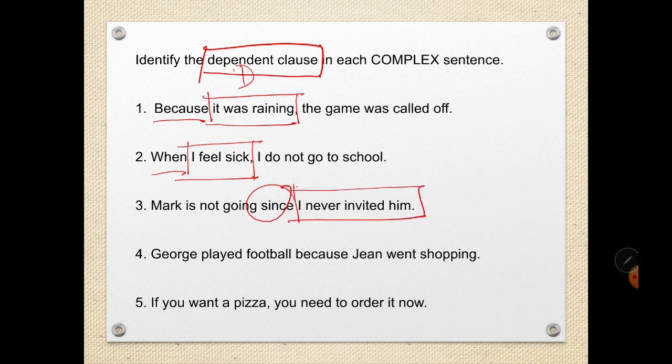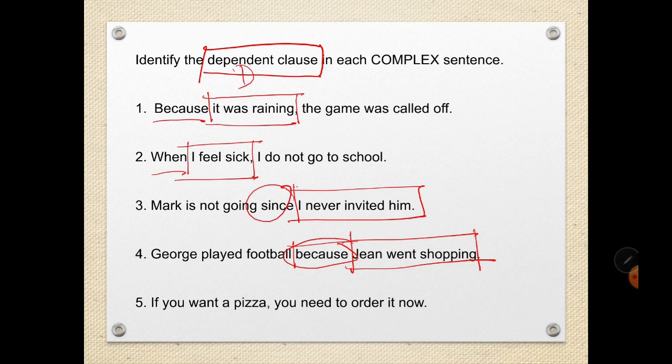Number 4, George played football because Jean went shopping. I think you know this one. We have because as the subordinating conjunction. Automatically, Jean went shopping is the dependent clause. And last but not least, number 5, if you want a pizza, you need to order it now.